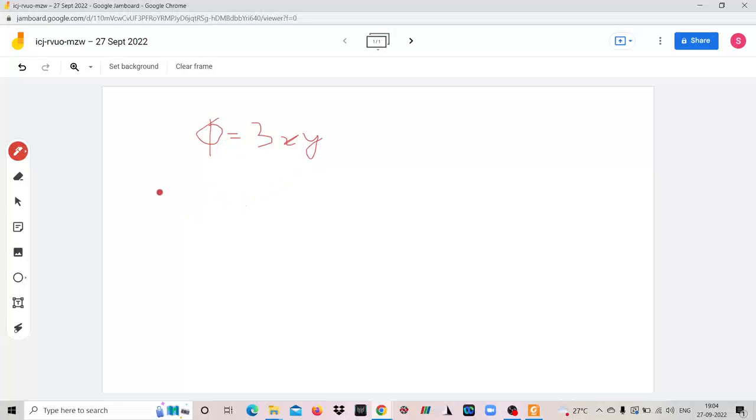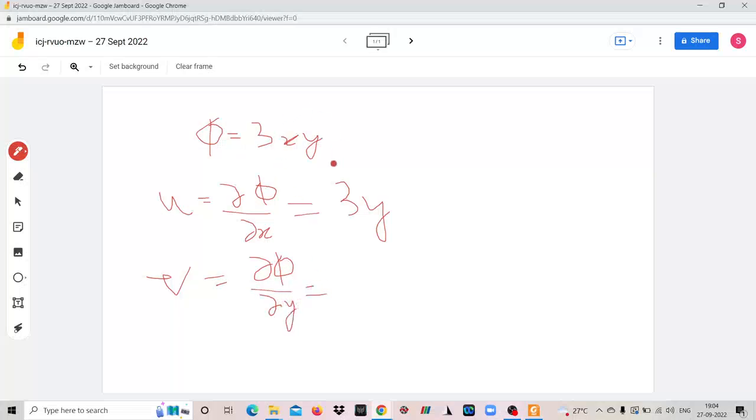Now, if phi is equal to 3xy, what will be the value of u? U will be del phi by del x, so del phi by del x is basically 3y. And what will be v? V will be del phi by del y, and for this function, it will be 3x.